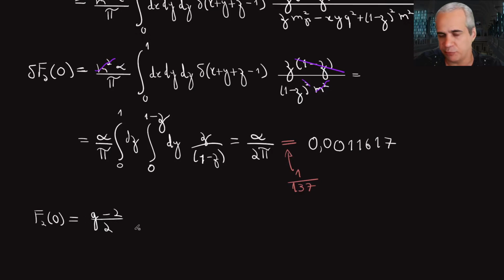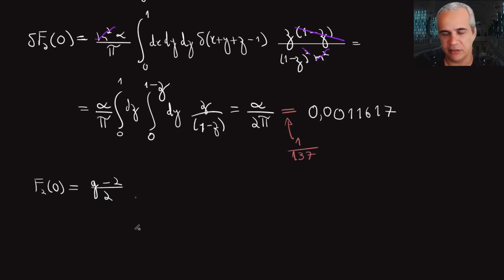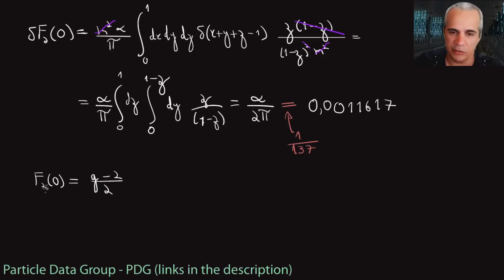The most precise measurement of this listed in the Particle Data Group website, and just for future reference, we're recording this video in 2023, right? The most precise experimental measurement for this, let's call this g minus 2 over 2 experimental, is this number.